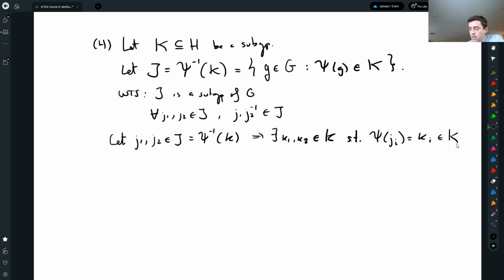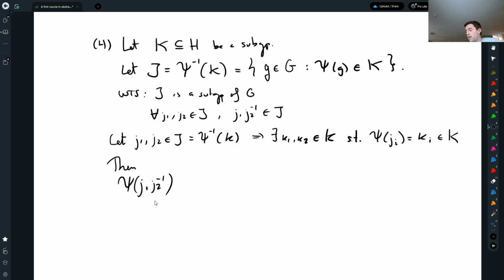And now let's see how much is J1 J2 inverse. I want to show that this is in J, so it has to be in the preimage of K. So let's see if we can prove that. Because I want to see that this lands in K through psi, all I need to check is where this lands.